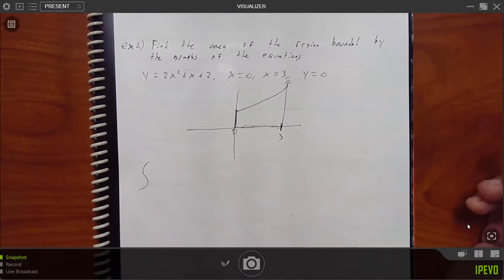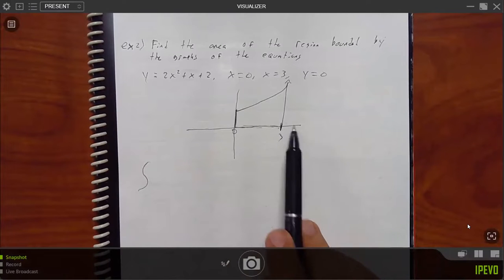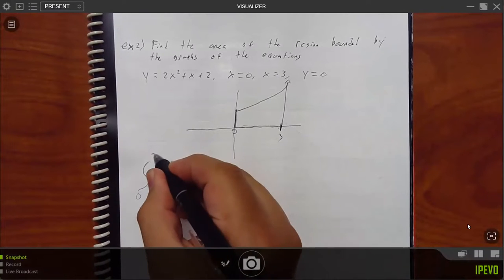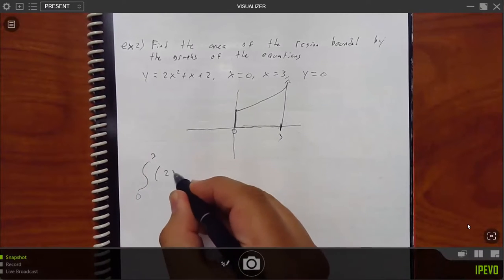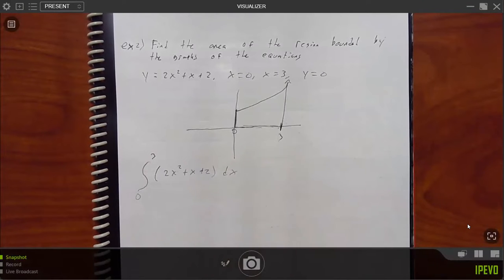But what I want you to see is, what are the bounds of integration? We're starting here and going up till 3. See what I mean? Because we're doing dx, we'd put this function from 0 to 3.